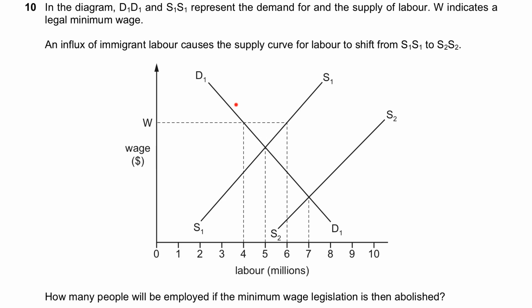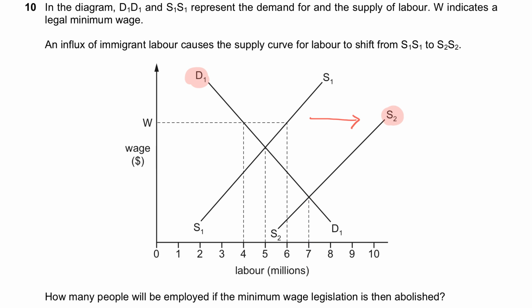So if there is a minimum wage when demand and supply was D1 and S1, then wage would be W. But if you remove this minimum wage, then the wage will be determined through the market forces of demand and supply. So given our new supply curve is now not S1 but S2, and given D1 is our demand curve, the equilibrium wage rate would be coming from this point here, and the number of people employed would be 7 million.